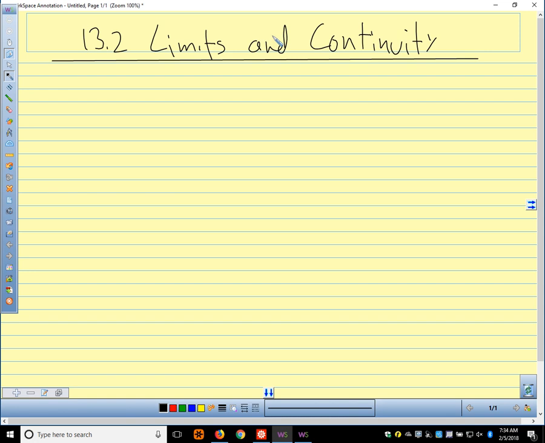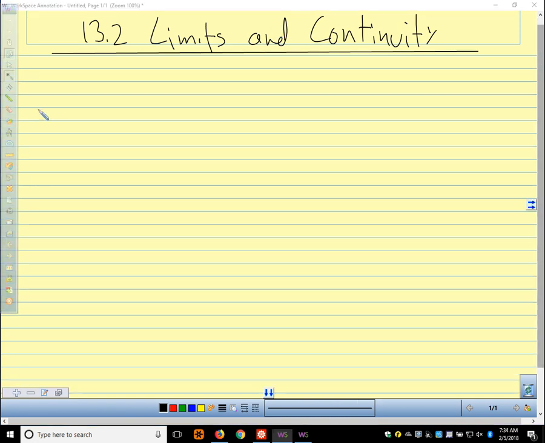So if we want to be close together in the range, we can find an interval in the domain that guarantees us that we're that close in the range. The limit is how we define technically what we mean by close together.